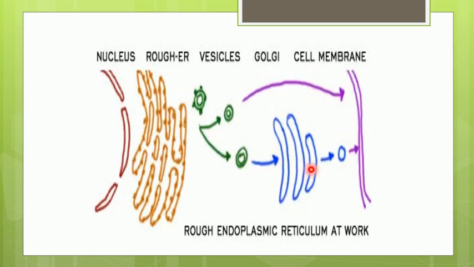In the Golgi complex, further processing on these proteins and lipids will take place, and then they will finally be packed again into vesicles, and these vesicles will carry them outside the plasma membrane and they will go to other cells. This entire network is called the endomembrane system.